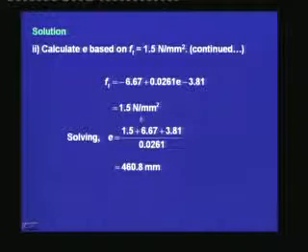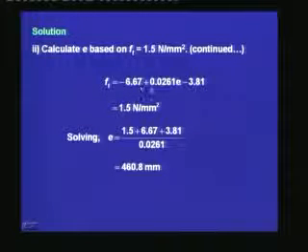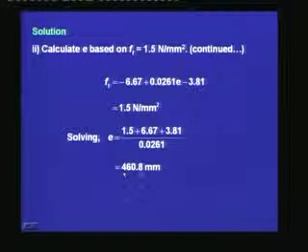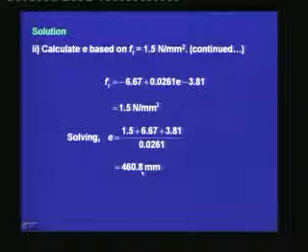And once we substitute this for the total stress at the top, then minus 6.67 plus 0.0261 E minus 3.81 gives me the allowable tensile stress at the top, which is 1.5 Newton per millimeter square. Once we solve for E, we get a value of 460.8 millimeters.